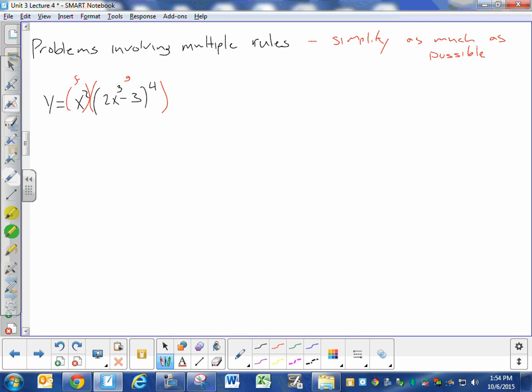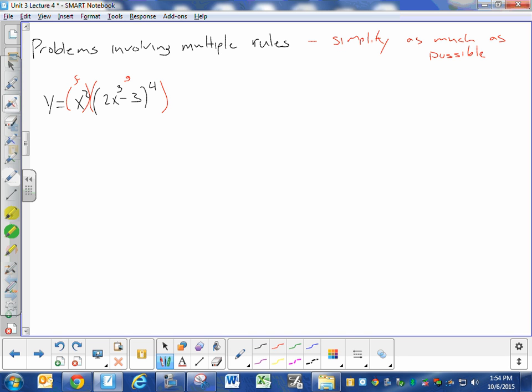Question: if that x squared was like a 2, would you just say it without parentheses outside? Yes, excellent. If the x squared was just a 2, a constant, you could just put that as part of the outside, as 2 times the parentheses to the 4th.